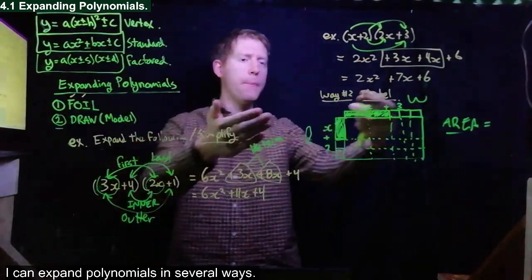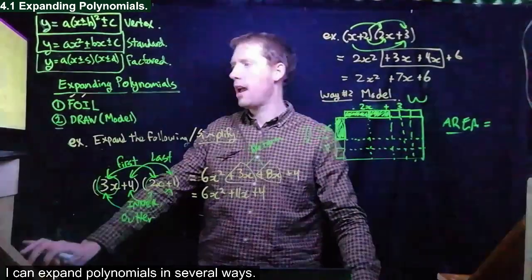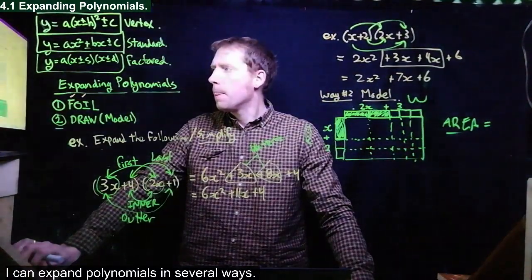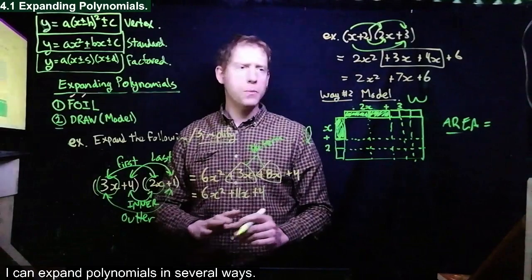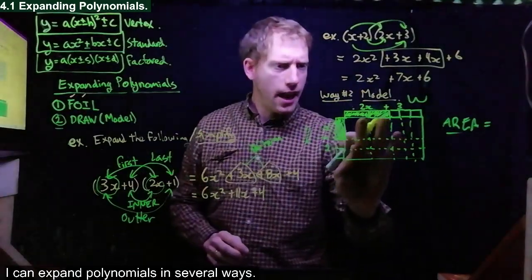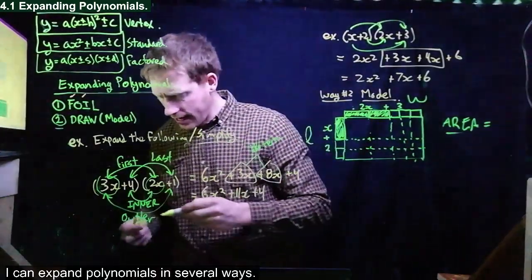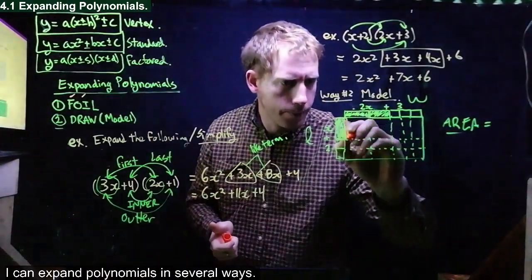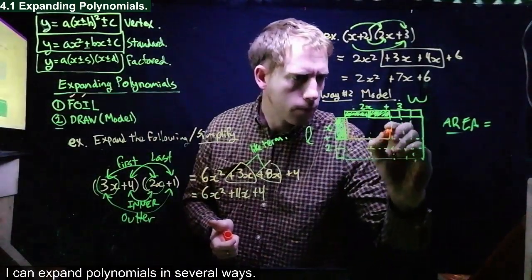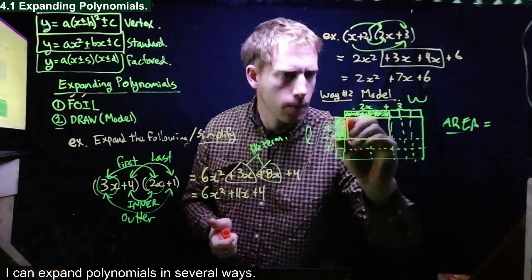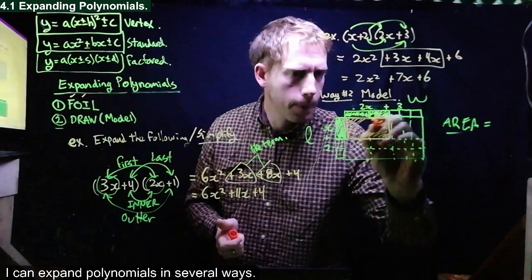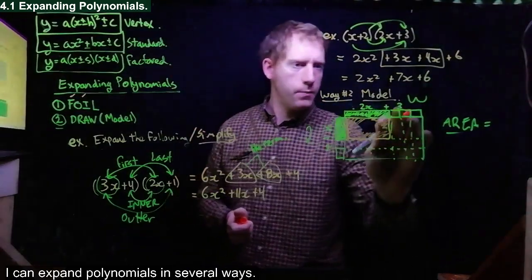The area is when I multiply these two guys together. So when I multiply these 2 guys together, I'm going to get this area here. I'm going to get a big box here. I'm going to change the color. I'm going to get this area right here. And then I'm going to have x times this one right here.